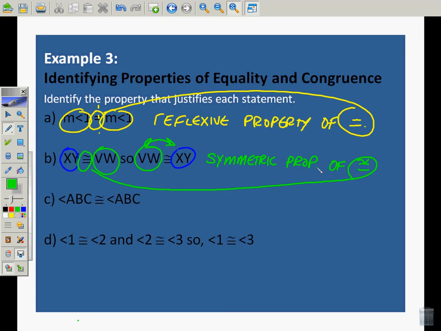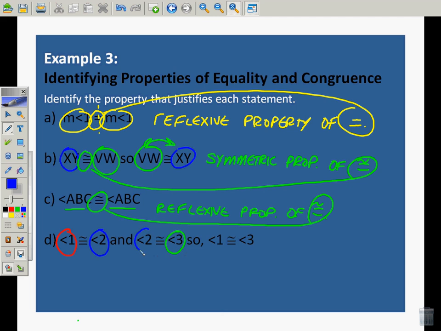Now, same as letter A, same thing on both sides. So it's going to be reflexive property of, and this time it's going to be congruence because we have a congruent sign. Notice how that works, okay? At the bottom, we have 1, 2, 3, 3.